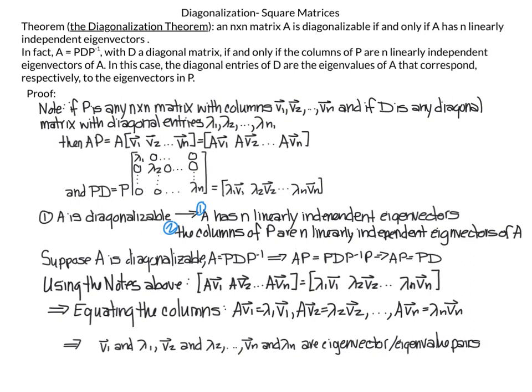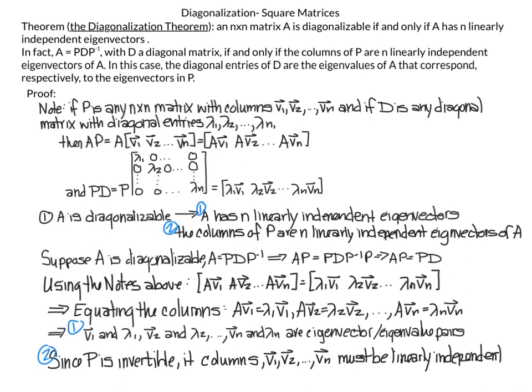So now we have our n eigenvectors from A diagonalizable. Also, because P is invertible, its column vectors, which we're going to use as the eigenvectors, are linearly independent.